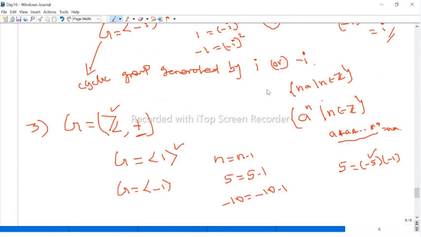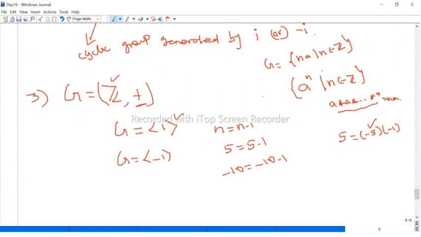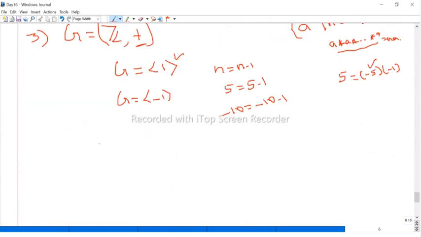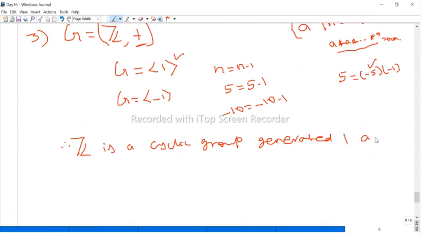So in a group, if every element is of the form multiples of A, then A is a generator of the group. Now clearly this Z has only 2 generators, namely 1 and minus 1. So Z is a cyclic group. This is a very important cyclic group. Z is a cyclic group generated by 1 and also generated by minus 1.